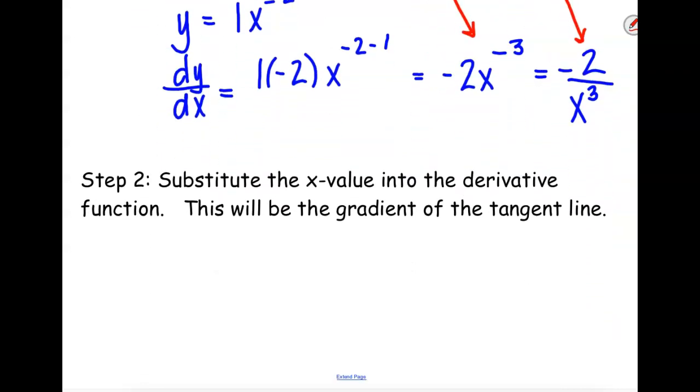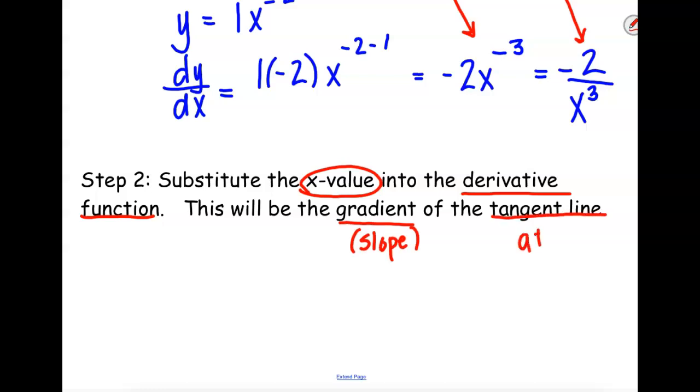What you're going to get is the gradient or the slope of the tangent line at x equals -1. So here we go.